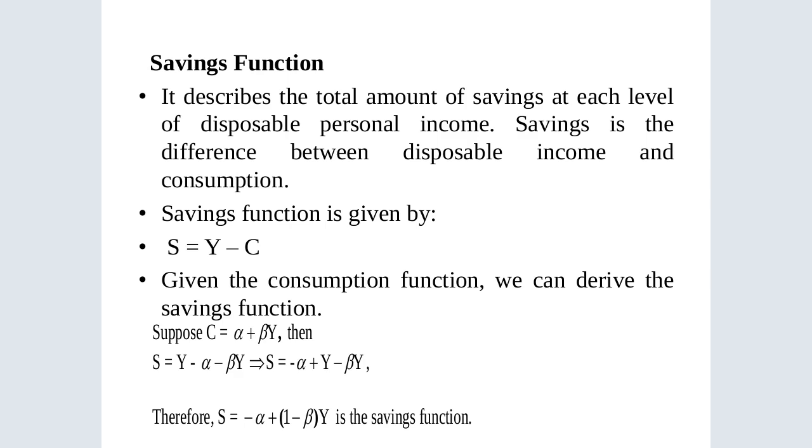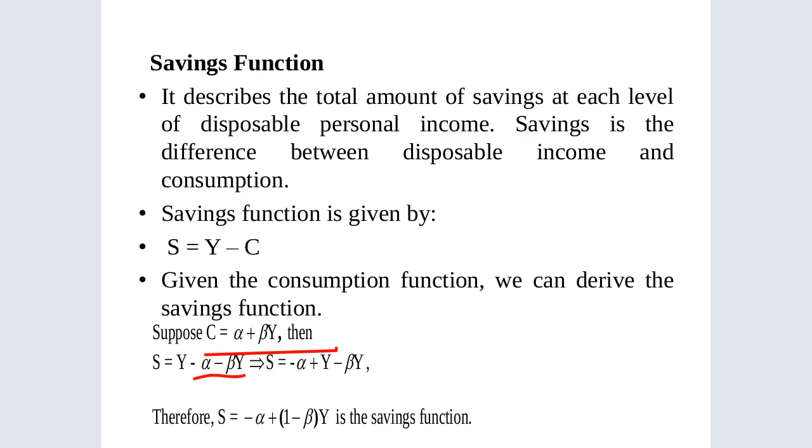So if we are given this consumption function, we can derive the savings function. I've said that the savings function is simply the difference between the disposable income and consumption. So if we have a simple consumption function as given above, then the savings is simply the income minus what?